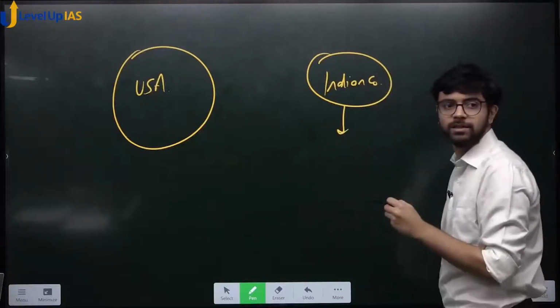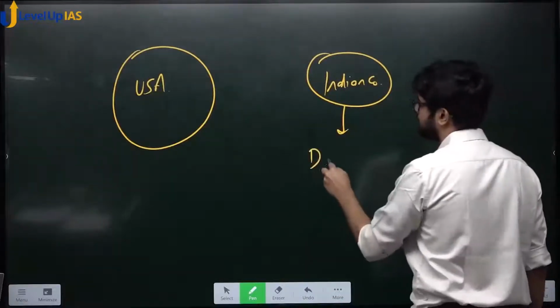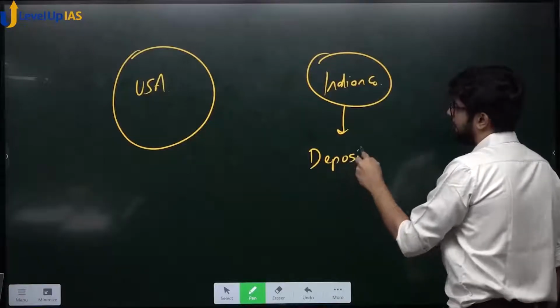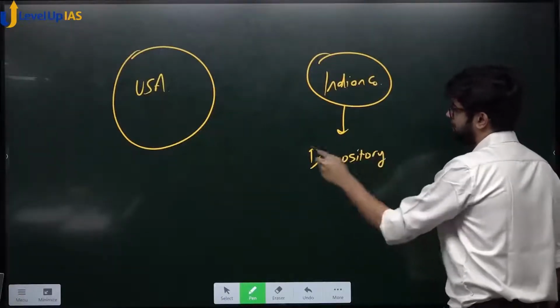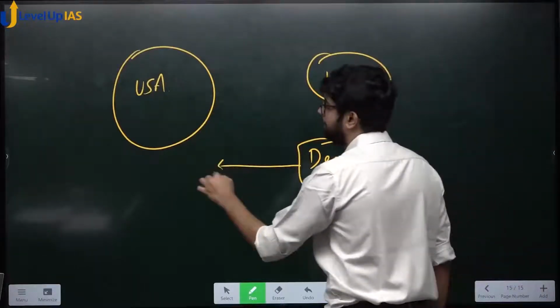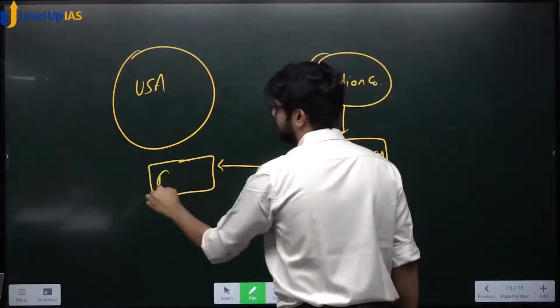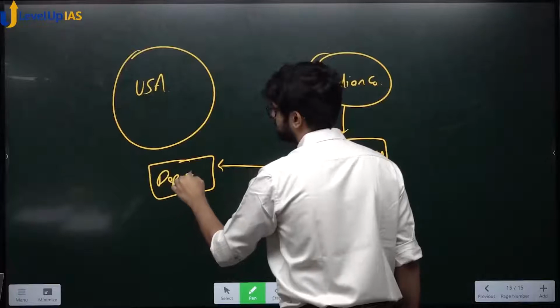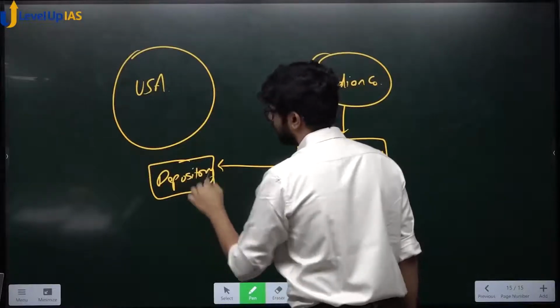Depository is nothing but a storage of shares. The Indian company will make an agreement with a depository. Okay? This depository will make an agreement with an American depository. America में भी depository है. Right?